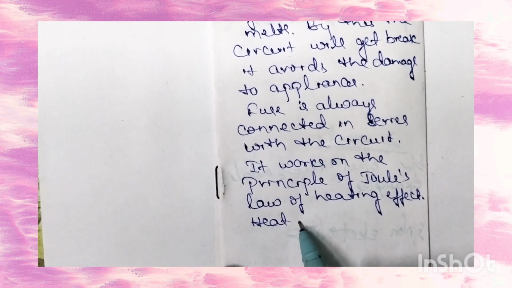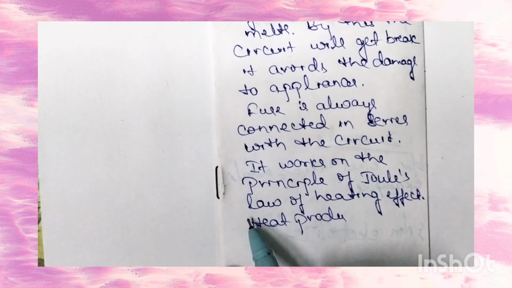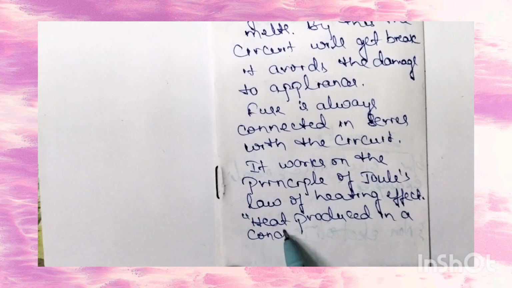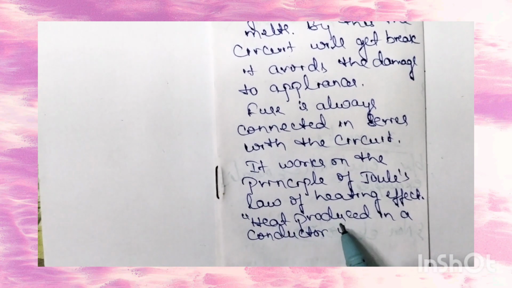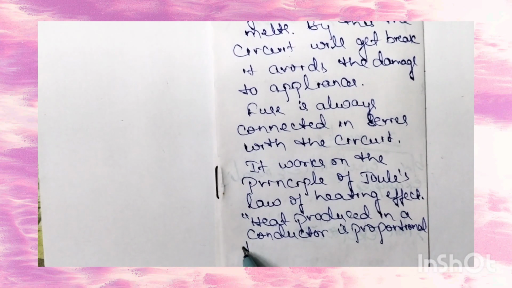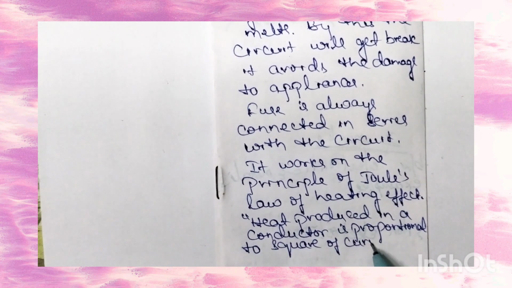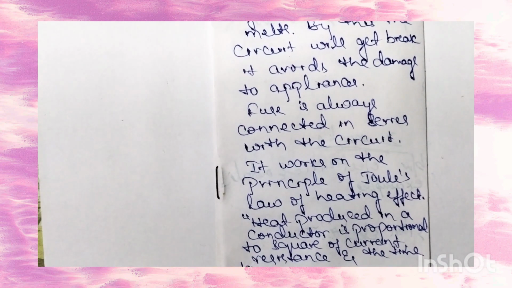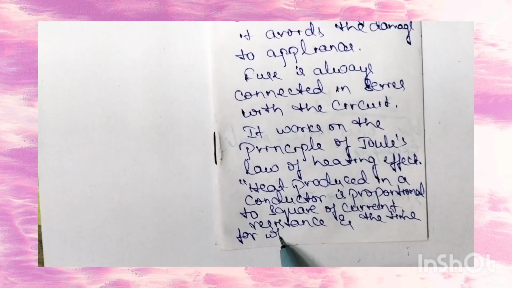Heat produced in a conductor is proportional to the square of current, resistance, and the time for which current flows.